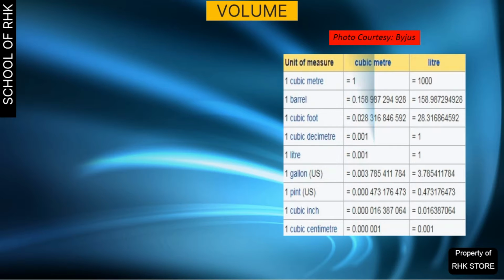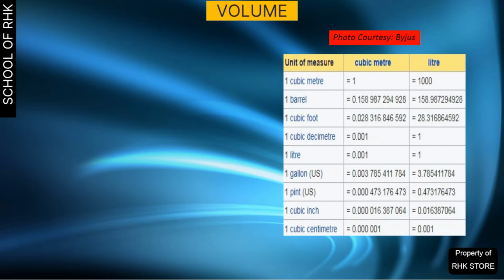There are also a few other units that are used to depict the volume. This includes the British system of measurements like barrels, drums, cubic decimeter, gallon. Amongst others, pint is the United States standard.